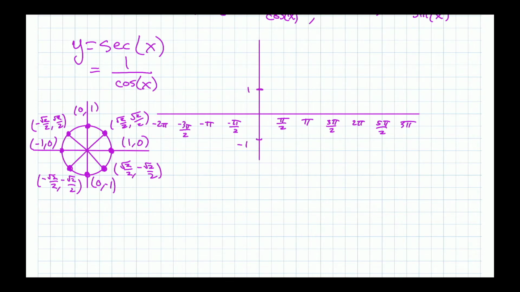So the cosine going around the unit circle: we're going to start right here, and the cosine is the x value. So we're at 1, the x value is 1 right there. Then I'm going to go up to here, and at pi over 2, the x value is 0, so that's right here. And then at pi, you are here, which has an x value of -1, so that's down here.